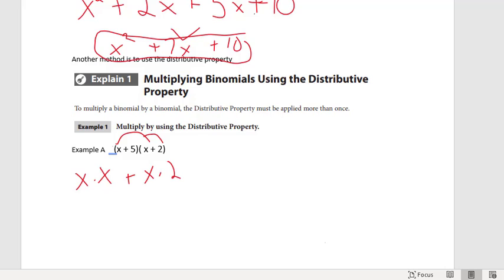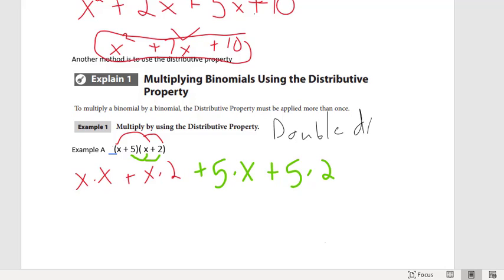We also have to do it for the other term, 5 times x and 5 times 2. I'm going to call this double distribute, since we're doing the distribute twice.